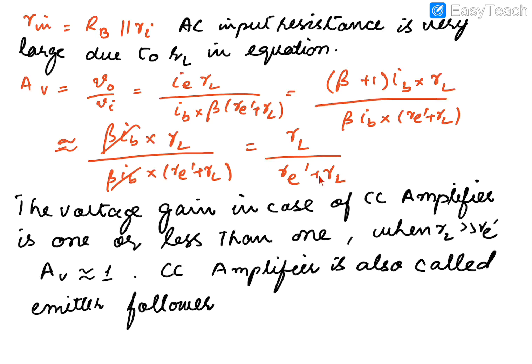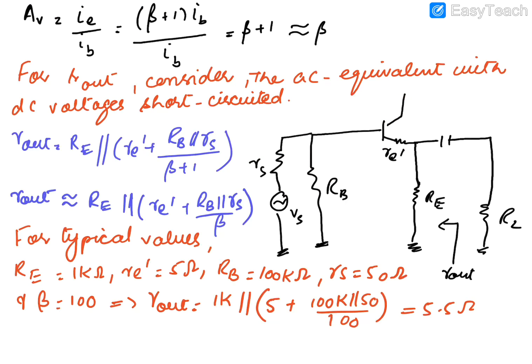So you can see from this formula that the voltage gain of the common collector amplifier will be maximum equal to 1, or less than 1. If the value of small RL is much greater than RE dash, then the value of AV will be equal to 1, otherwise it will be less than 1.